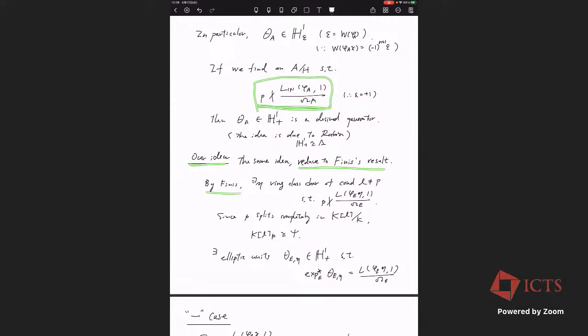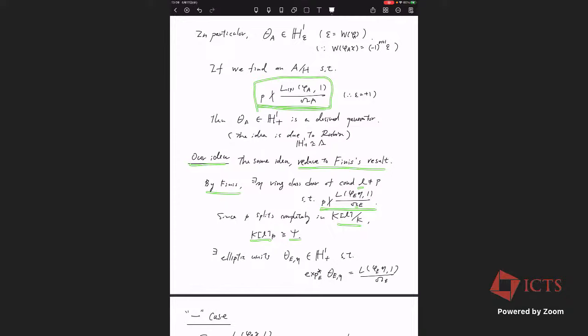By finite, there is a finite ring class character of conductor L different from P, such that P does not divide the L value of phi eta. Since P splits completely in the ring class field, the localization of the ring class field is again psi.